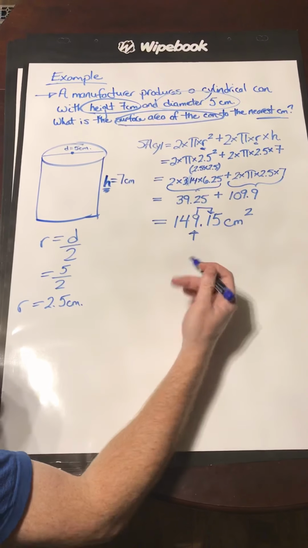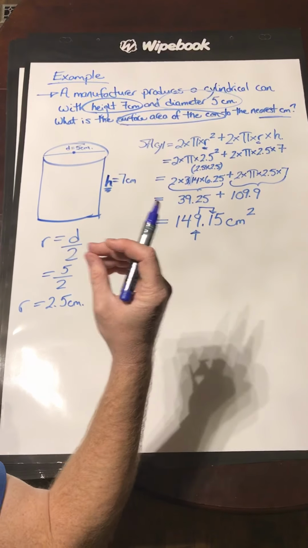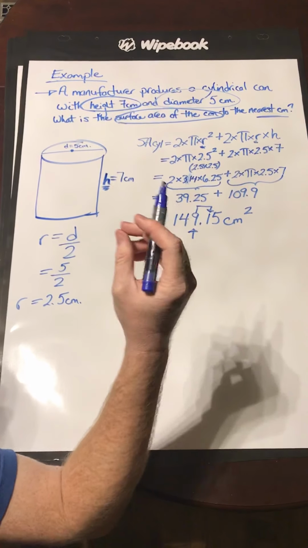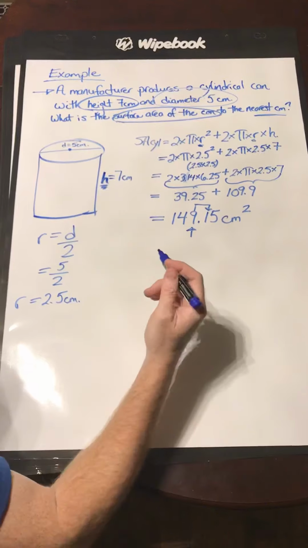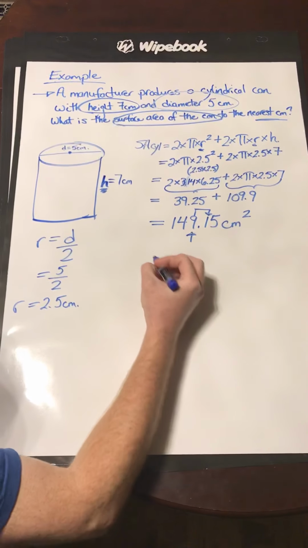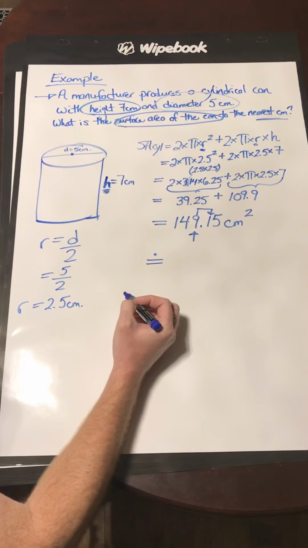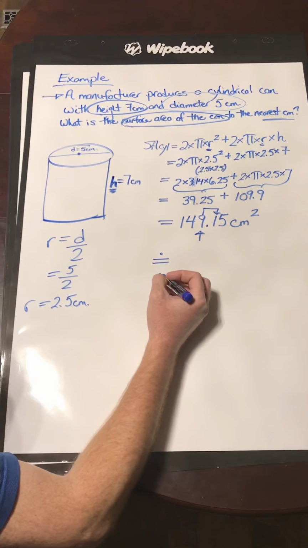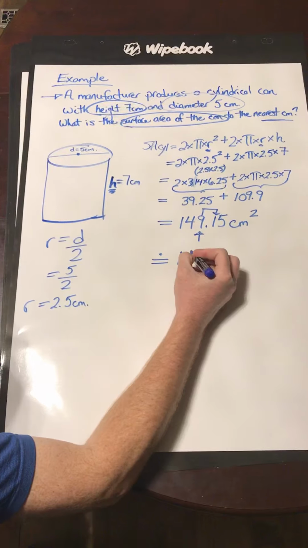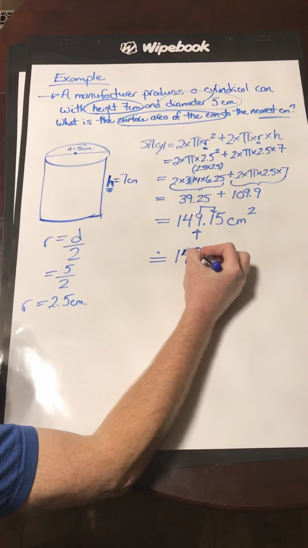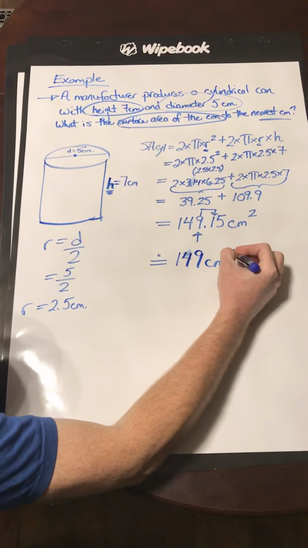We use our rounding rules, which is 5 and up, we round up. Less than 5, it stays the same. So 1 is less than 5. So this rounds to approximately, that little dot on top means approximately, 149 centimeters squared.